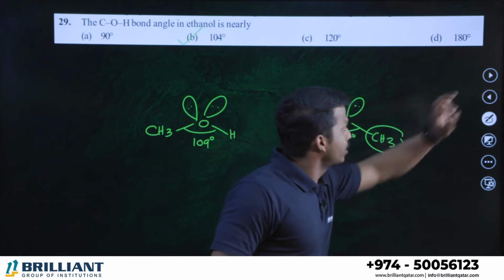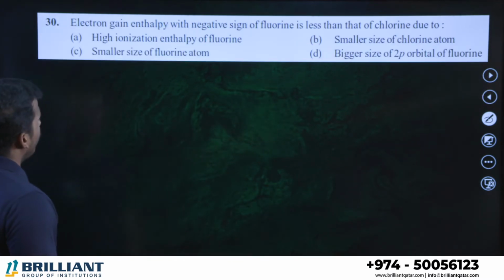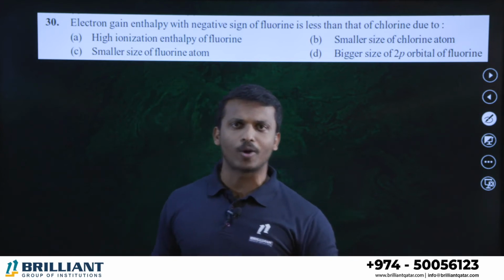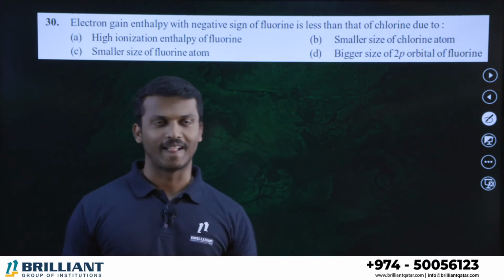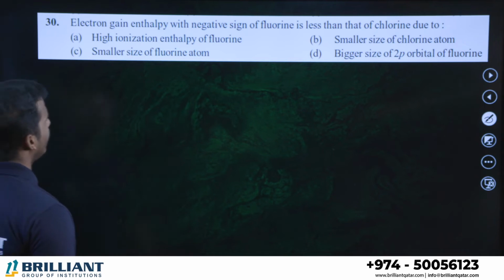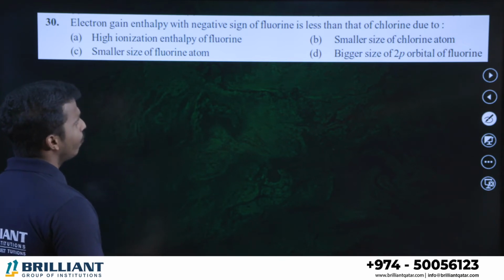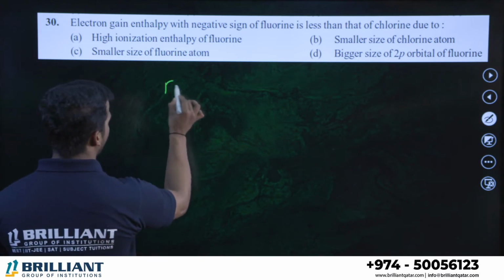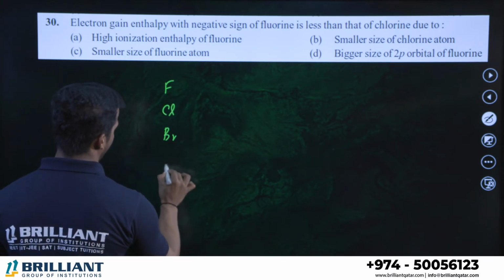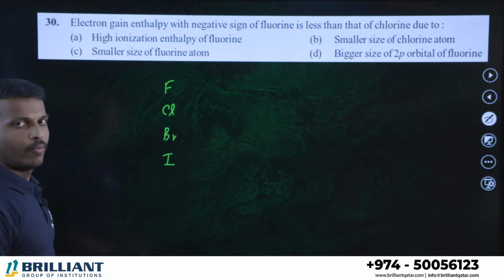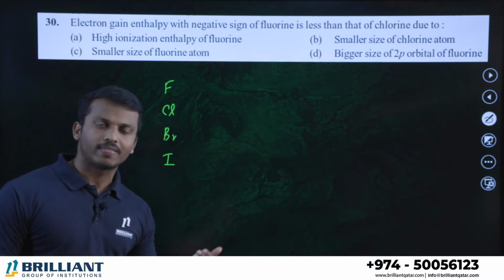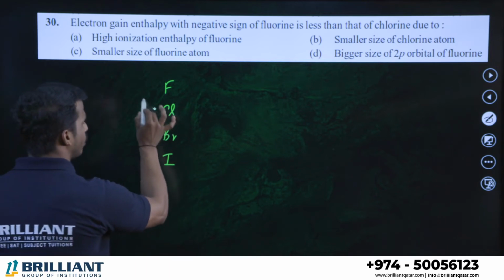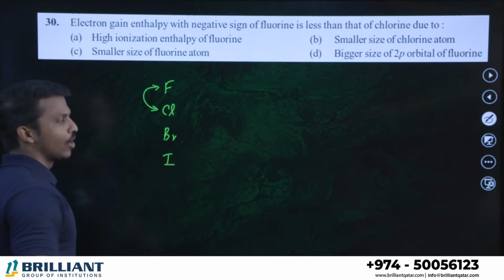Yes. Next one. Electron gain enthalpy. What is another name of electron gain enthalpy which you studied in the P block chapter? Electron affinity. Electron gain enthalpy with a negative sign of fluorine is less than that of chlorine due to. Dear student, fluorine, chlorine, bromine, iodine. When studying the electron gain enthalpy order, you have to switch these two elements, chlorine and fluorine.